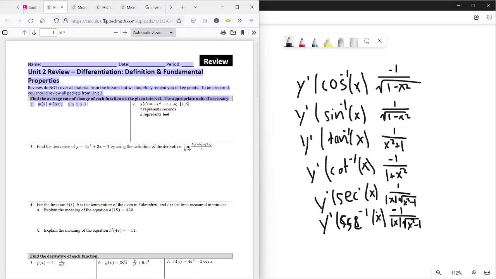So, let's start. Find the average rate of change on the interval. These are easy because it's just finding the value. You just find the value at 1 and you find the value at 7, for example, in this instance, and then divide by 6.